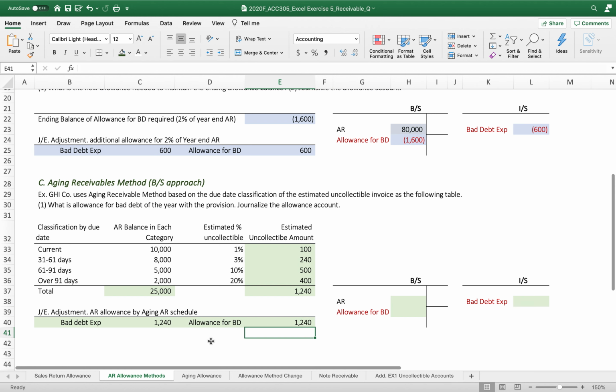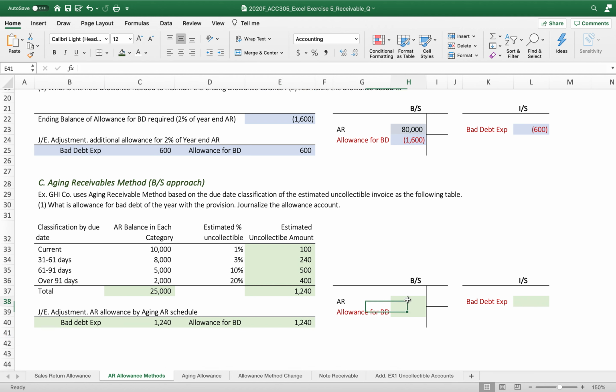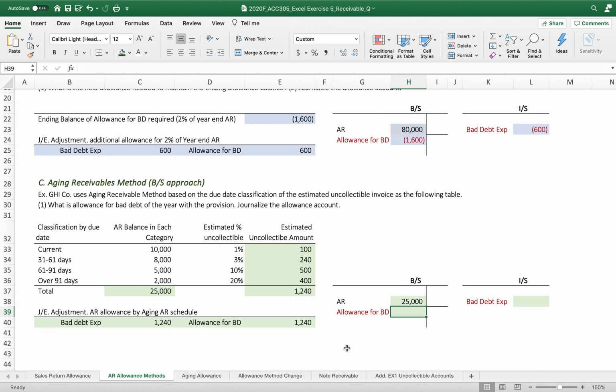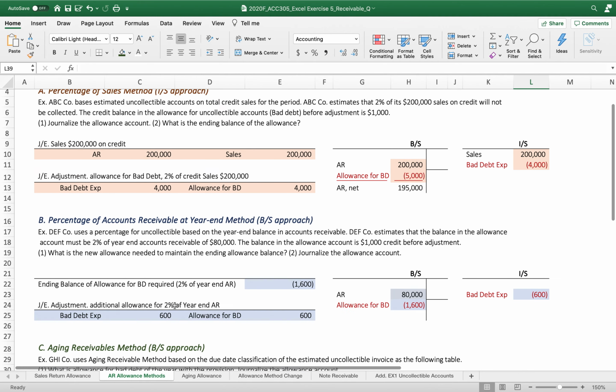So we got this information. Now the AR balance is 25,000, the allowance for bad debt is 1,240, and the bad debt expense we record also on the income statement. So that's it.